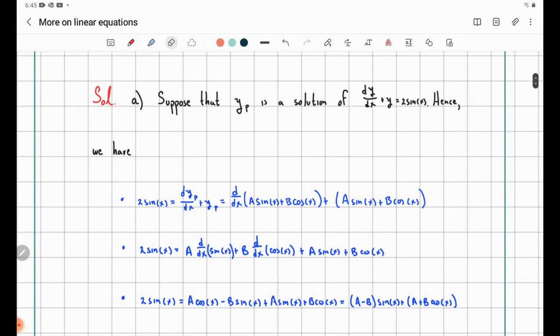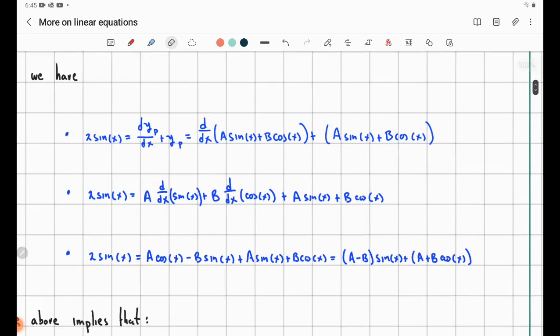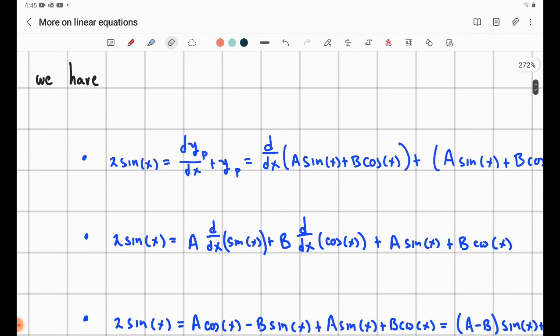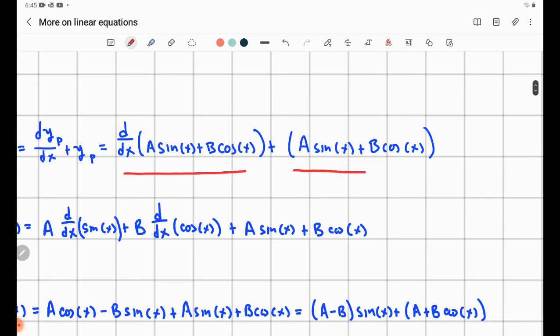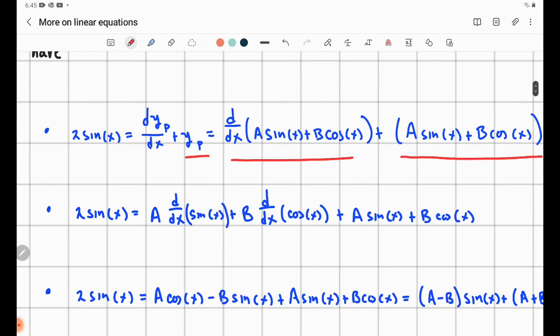So let's suppose that for some constants a and b we have indeed a solution, and let's see what restrictions this imposes on the pair a and b. Let's substitute y, take the corresponding derivative, and add y_p.